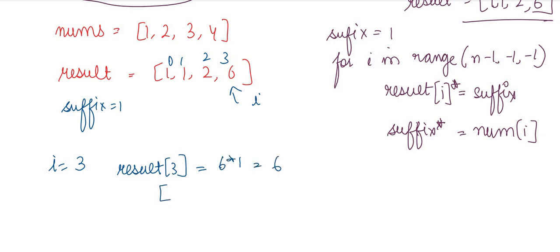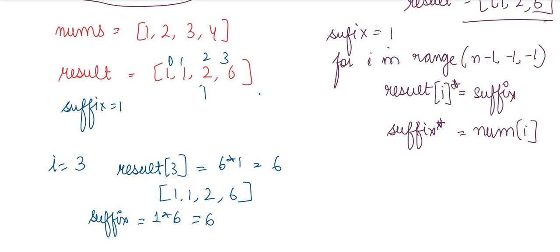So the result value is going to be the same. And then in suffix we are updating it with nums of I. So suffix value is 1, 1 into 6 will be 6. Got it?